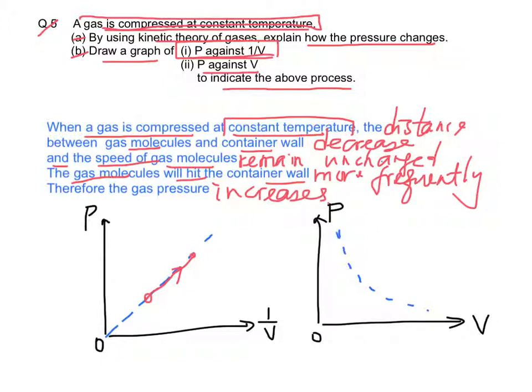Since when the gas is compressed, the pressure will increase and the volume will decrease, therefore 1 over V will also increase. If the above process is shown on a graph of P against V, it will be something like this one. The volume decreases because the gas is compressed, but the pressure increases.